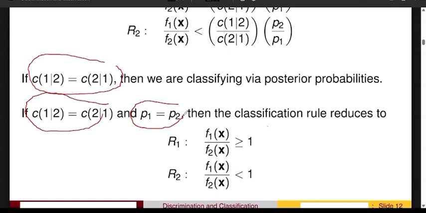Prior probability the same would be balanced data. A balanced data, you go into a bank, you look at the records, 50% of the customers have defaulted before, 50% have not defaulted. That is the situation where the priors are going to be the same. But that is very rare, because what we normally have in real life is unbalanced data.